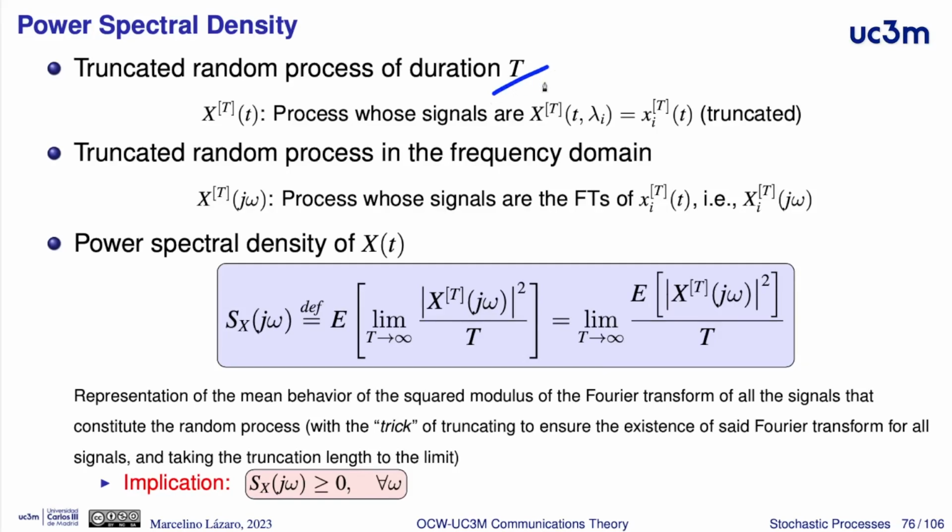With the definition of the truncated random process with a given duration capital T, it is possible to compute the Fourier transform for every signal, and from this Fourier transform, the square modulus of the Fourier transform is the spectral energy divided by T. Spectral energy per unit time is the spectral power, and the power spectral density of random process X is just the mathematical expectation of this spectral power when the duration of the truncated signals goes to infinity.